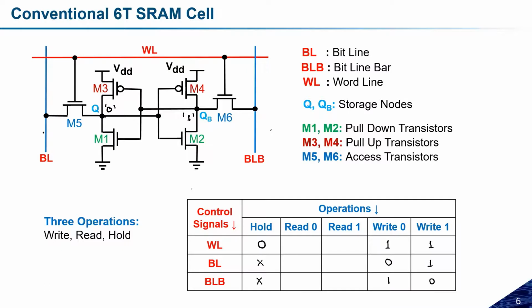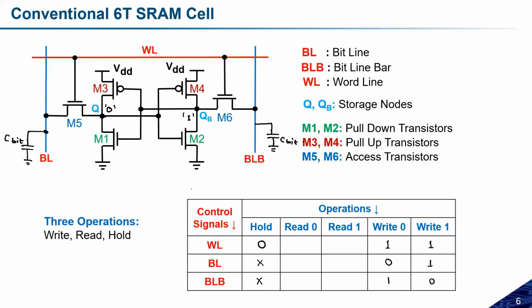All the bit lines, whatever we have here, have their capacitances, bit line capacitances. We call it C bit line. Let me write it perfectly. So bit line and bit line bar will have some capacitance.